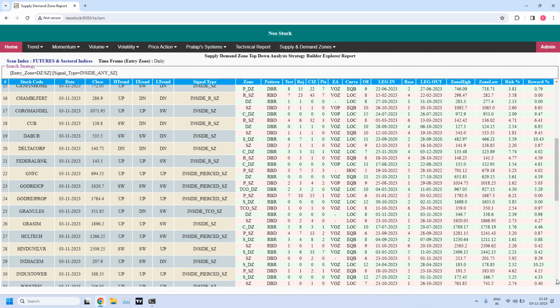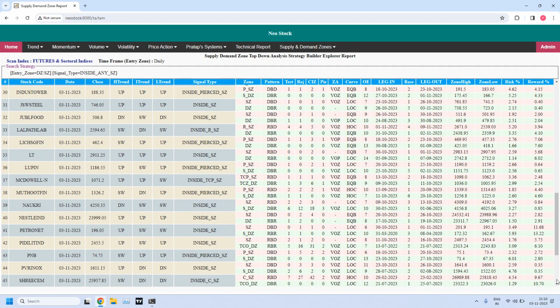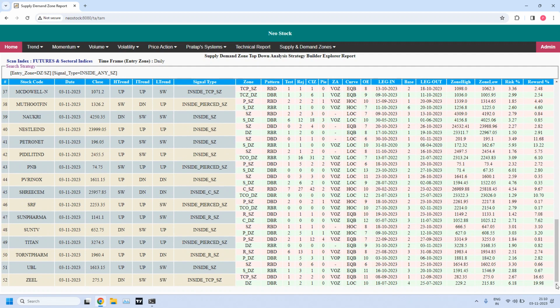Let me scroll down. So a total of 52 stocks have price closed inside their daily supply zones.